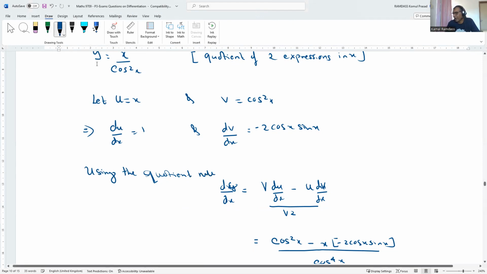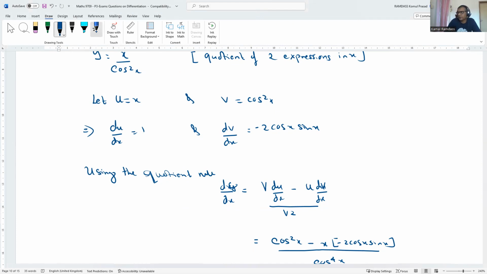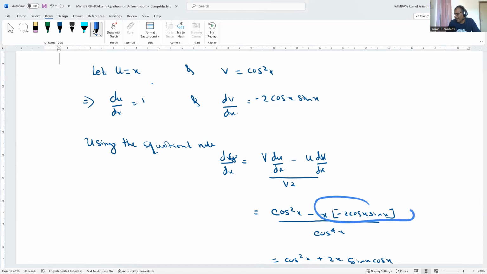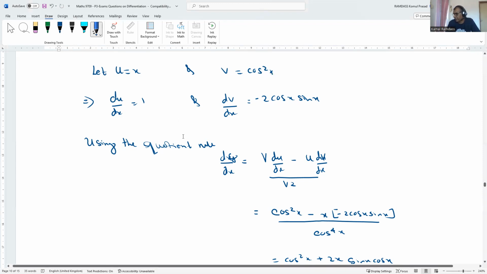Quotient rule, dy by dx is equal to v du by dx minus u dv by dx, divided by v square. Et ça veut dire, on gagne v, cos square de x, du by dx, minus u, x, dv by dx, c'est minus de 2 cos de x sin de x, minus de x multiplied by minus de 2 cos de x sin de x, divided by v square, et v c'est cos square de x, v square c'est cos de 4 de x.